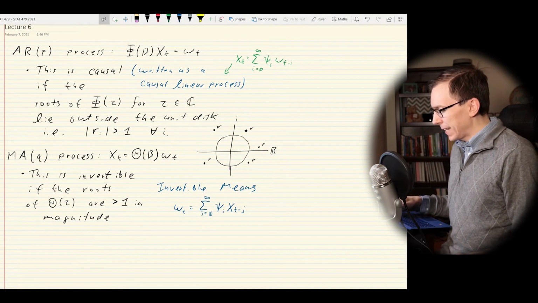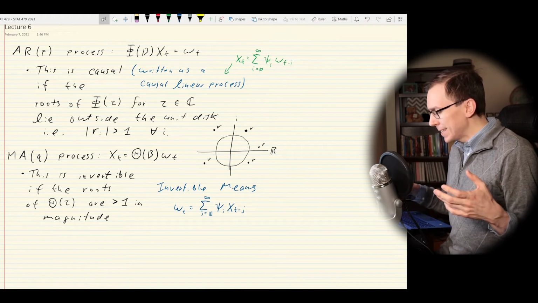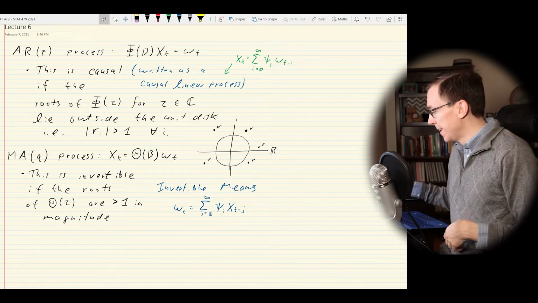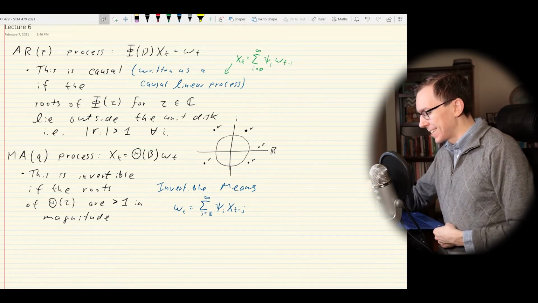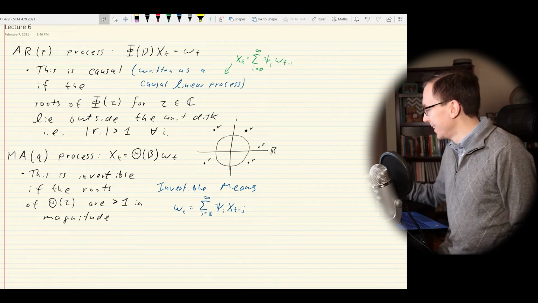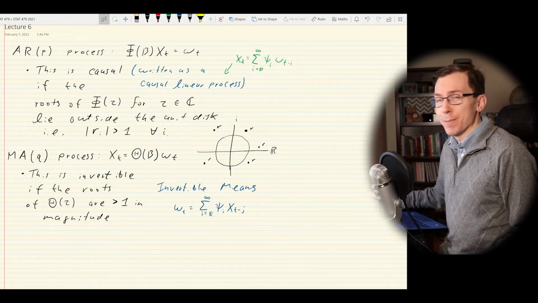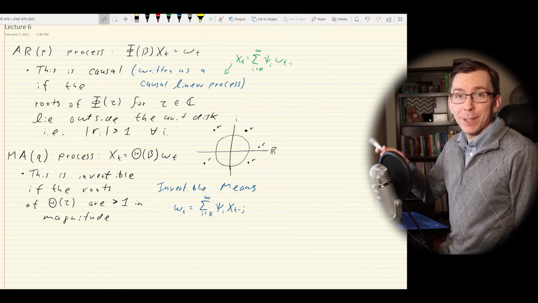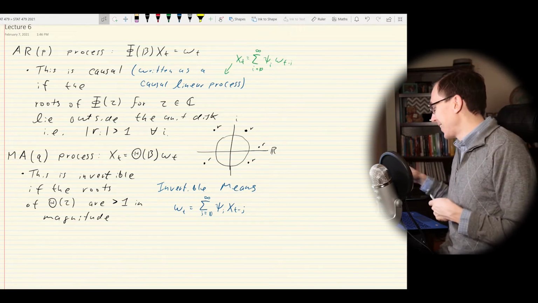They both correspond to the same idea, which is we need the roots of the polynomial to lie outside of the unit disk. So it becomes an exercise in complex algebra, where you're trying to factor a polynomial over the complex numbers. Luckily, computers do that all for you, so we don't have to worry too much.